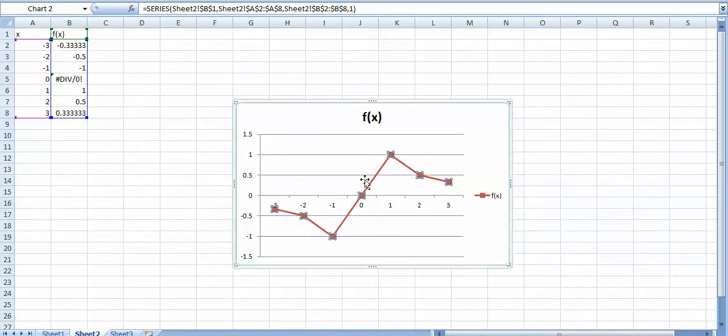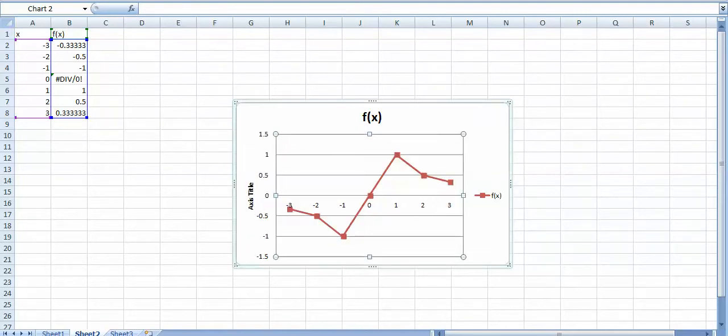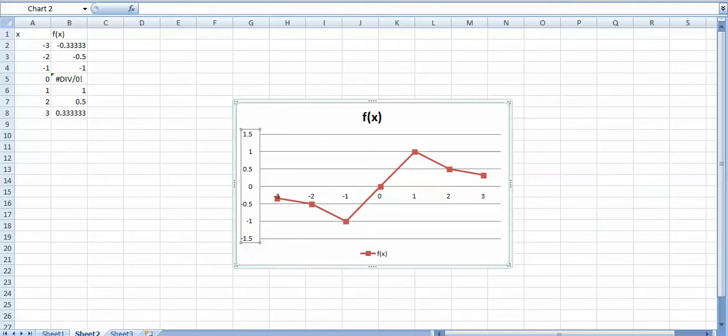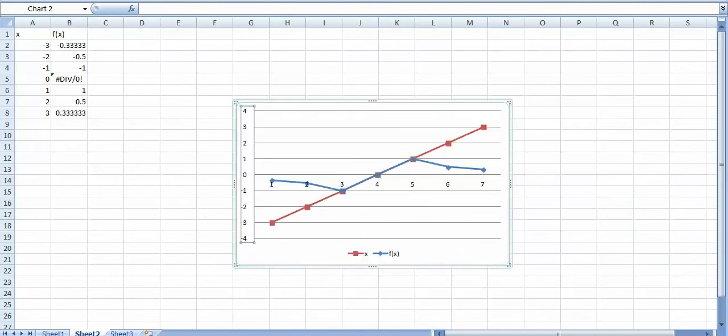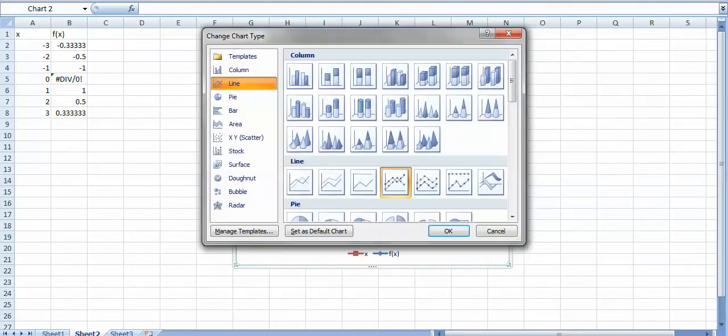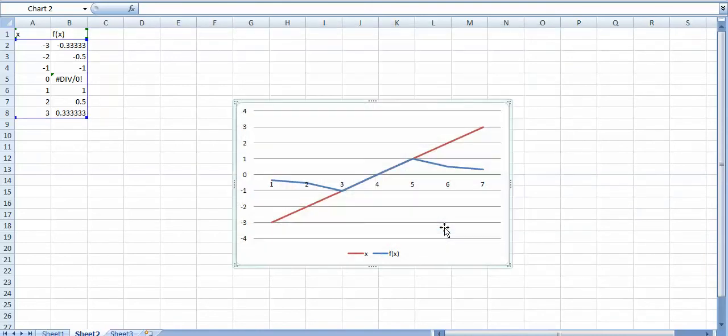Why can't I do that? Maybe I changed the style of the graph. That looks worse. Change style. Let's try this one. Alright, anyway, that's what the graph looks like. Goes up, goes down. Haha.